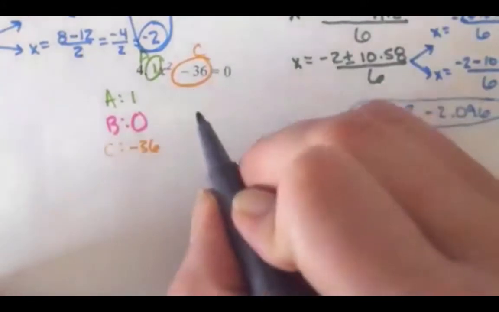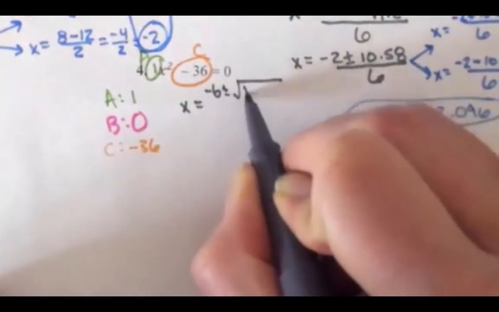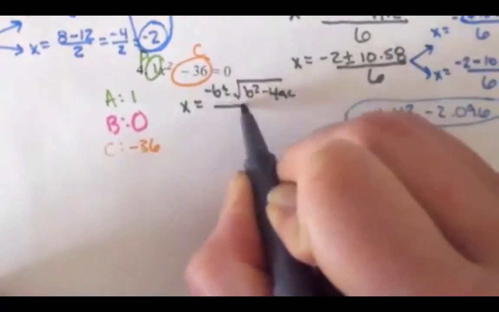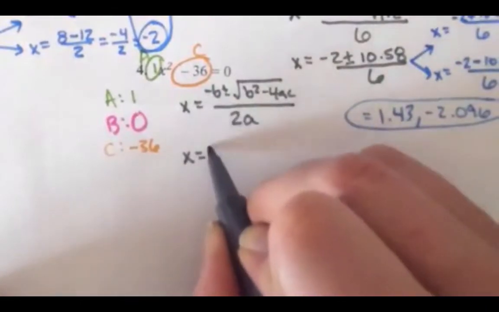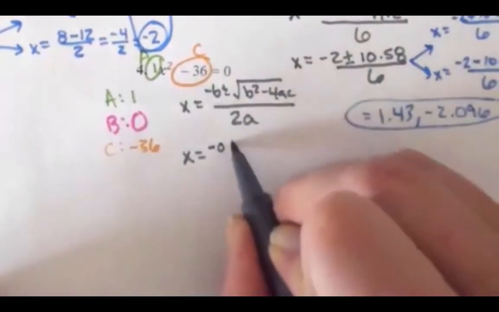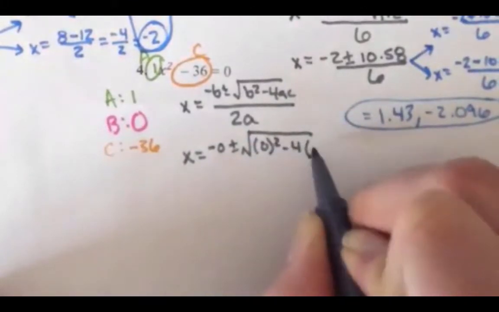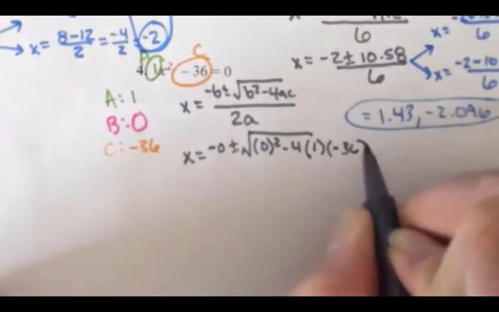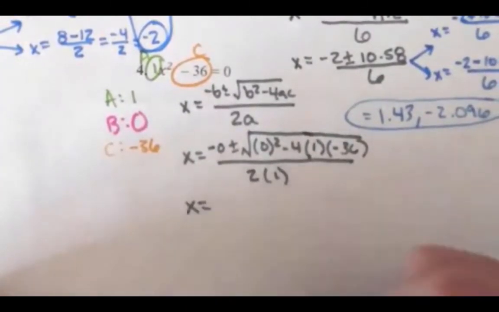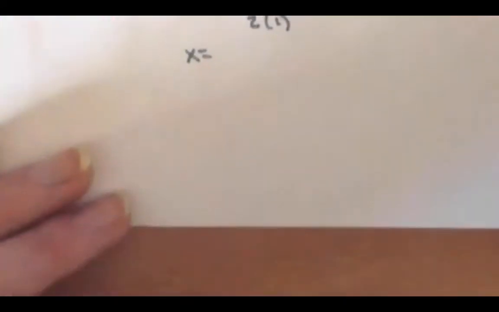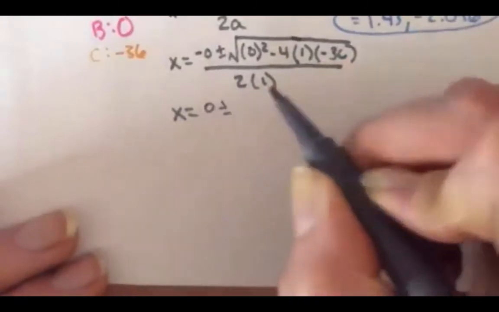So we can start this one by writing x equals -b plus and minus the square root of b squared minus 4ac all over 2a. So -b is really just -0. Plus and minus the square root of 0 squared minus 4 times a is 1 and c is -36, all over 2 times 1. So x equals negative 0 is just 0.